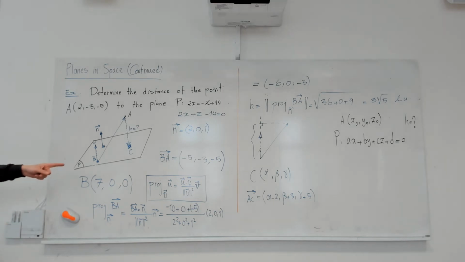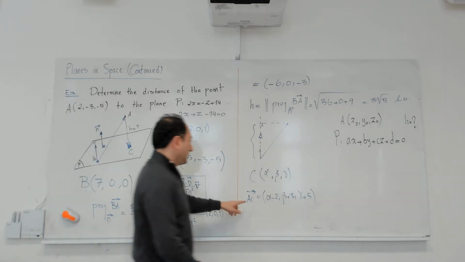But if you say that this vector is parallel to this vector, how many pieces of information does this provide for you? 3? No, it doesn't. It provides 2.